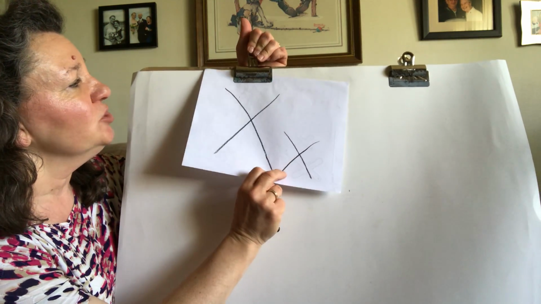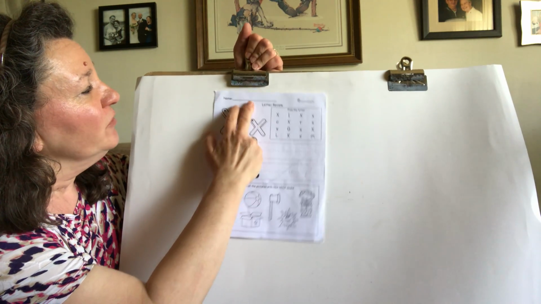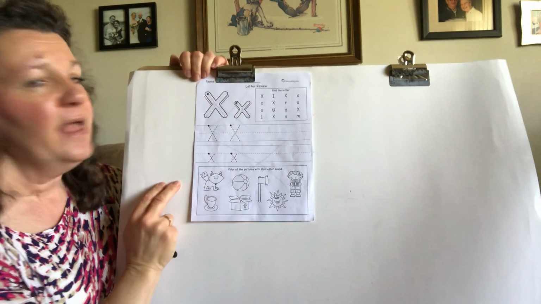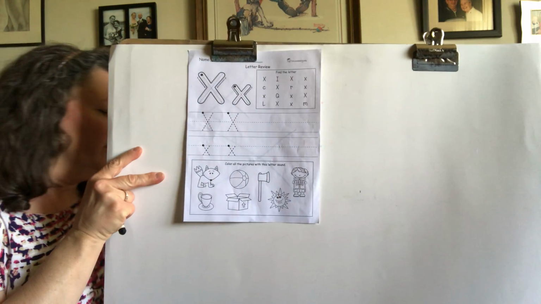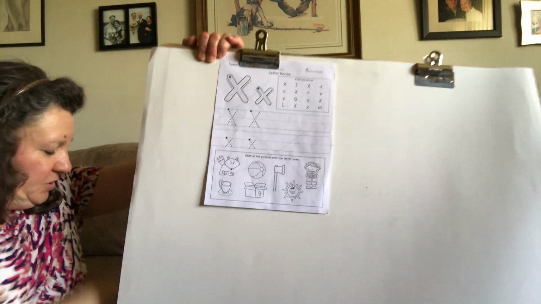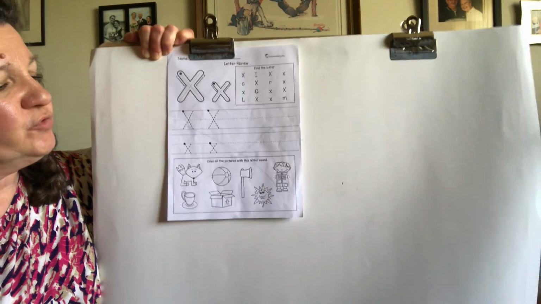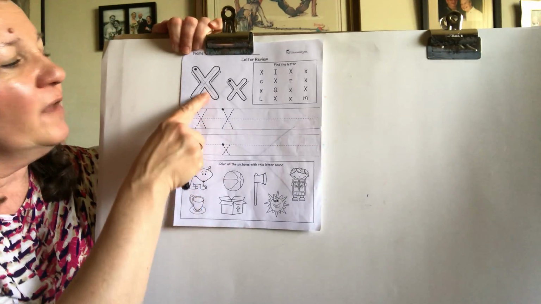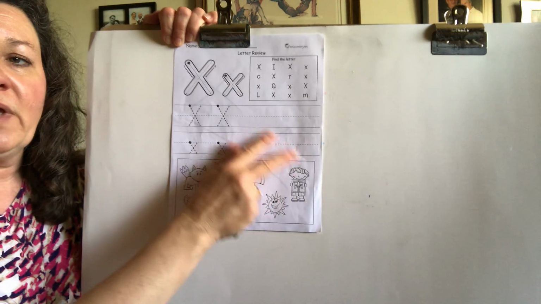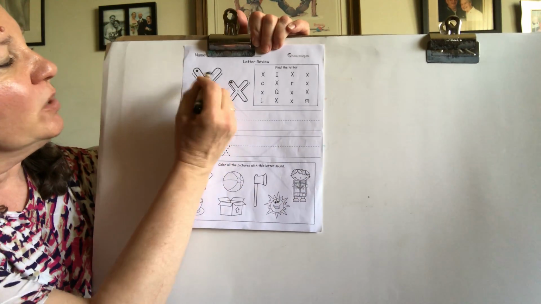Okay, so on this page, we're going to be doing a few things with the letter X. All right, so the first thing we're going to do is trace the letter X on the top of our page. Okay, so let's do this first. Let's start at the top.